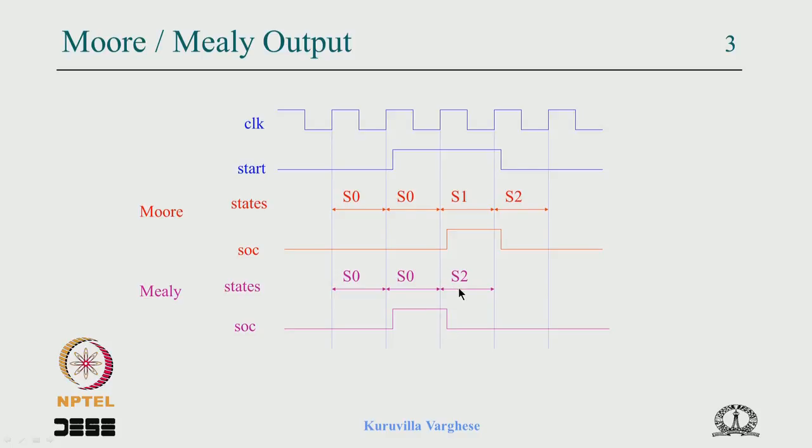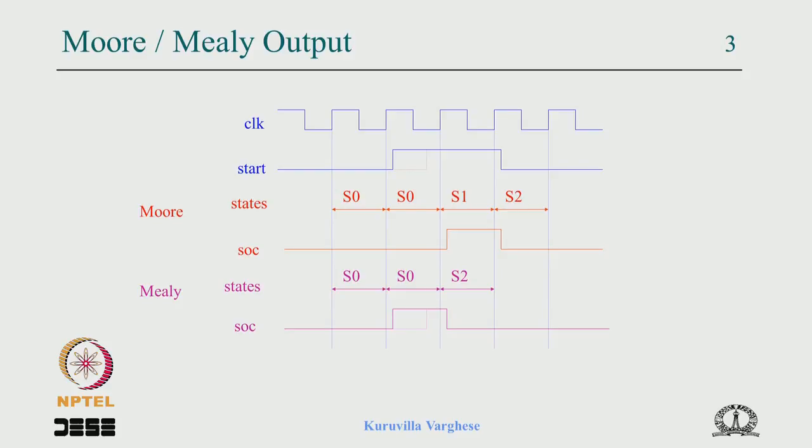So we said in general, if you have many outputs which are Mealy outputs, then the number of states in the state diagram will be less, so the state machine area will be less, and also the output comes earlier than the Moore in the case of Mealy. One other thing we found, the problem was that if this particular input is not synchronous, then it can change any time, and if it changes very close to the clock edge you get a glitch at the output, and that can create a problem.